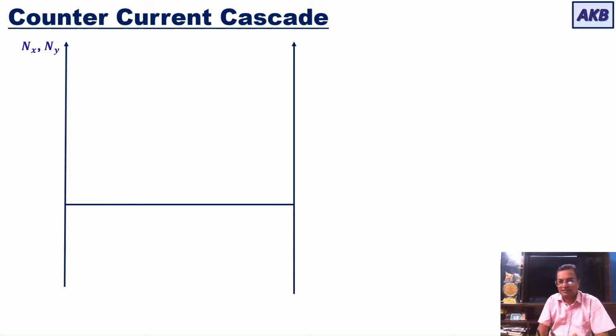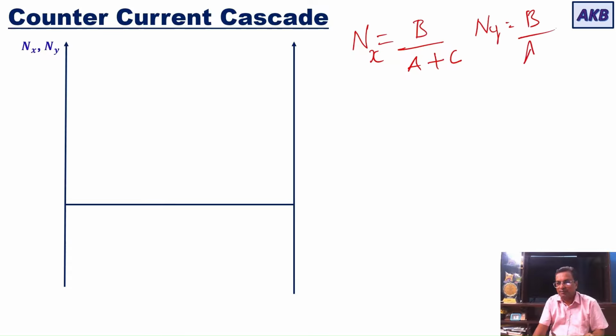So this N is defined, if you remember, as B upon A plus C. So in the overflow, it is Nx, but almost all the time, there will be no solids in the overflow. In that case, Nx will be equal to 0. And if you are writing it for underflow, that is B upon A plus C, it will be N bar.